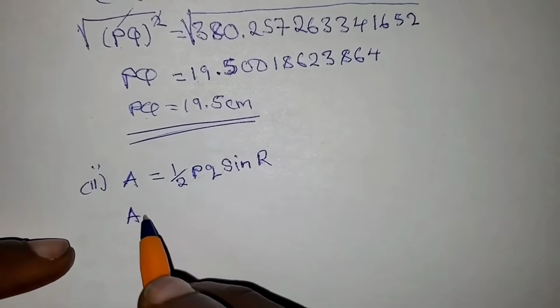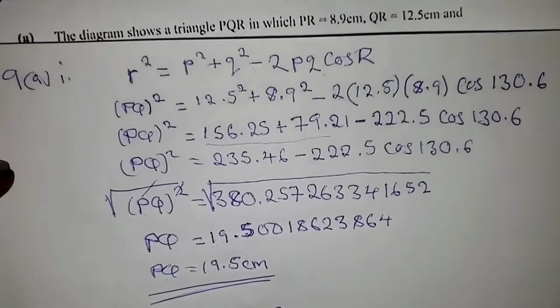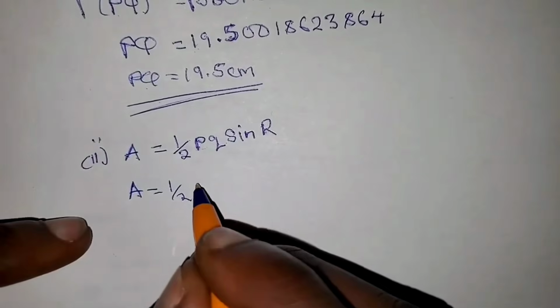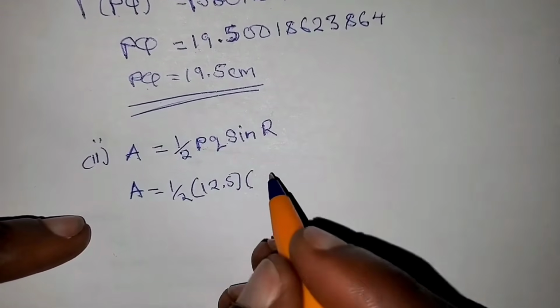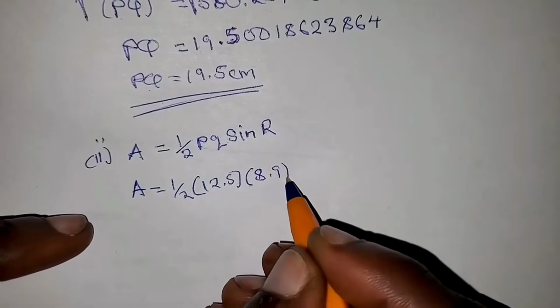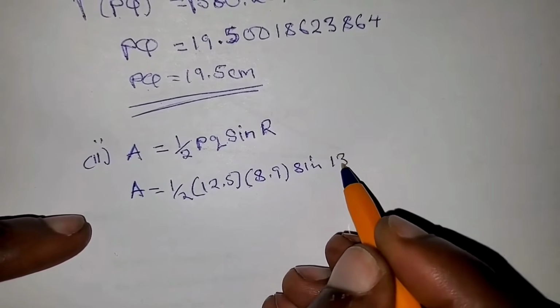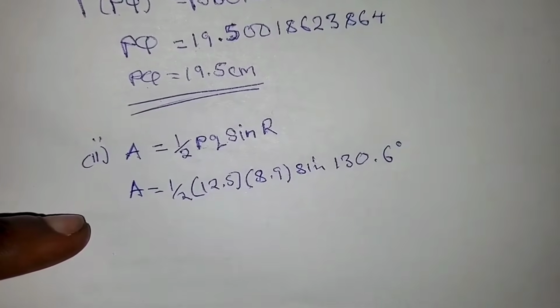Now let's substitute. Area is equal to half. The value of P, as you can see, is 12.5. The value of Q is 8.9. Sine, the angle is 130.6 degrees.